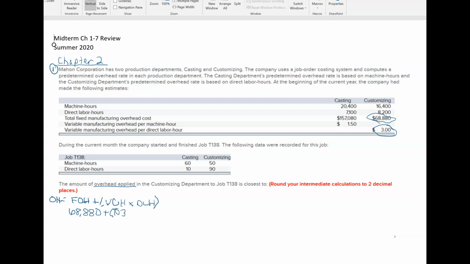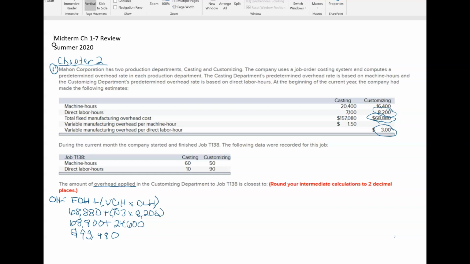So take that $3 and multiply it by how many direct labor hours we have, which is 8,200. And the overhead is 93,480.